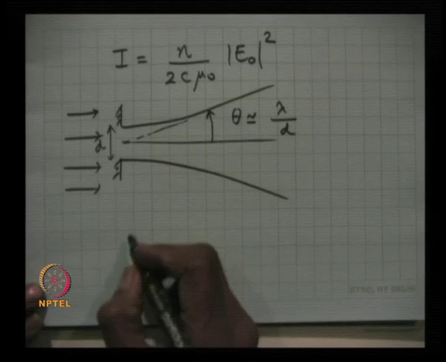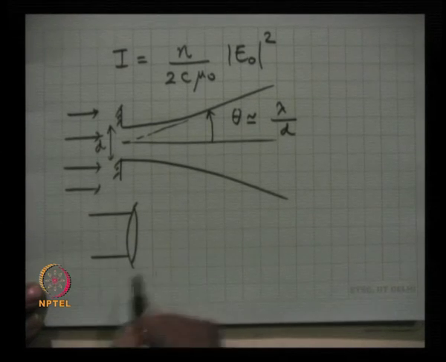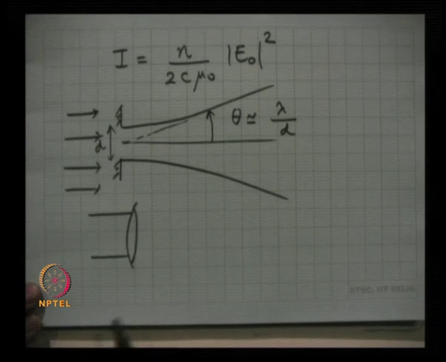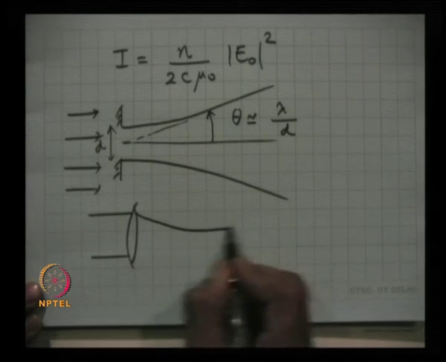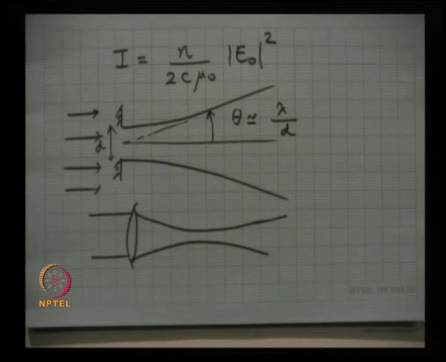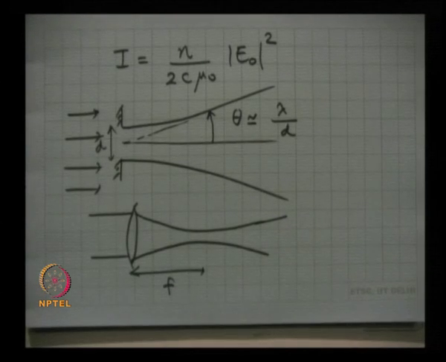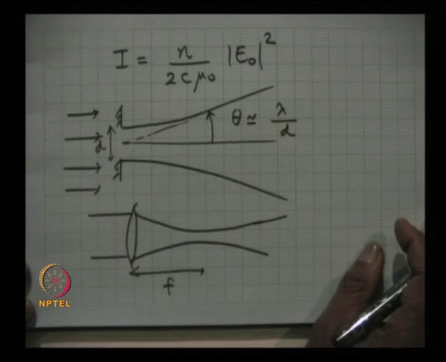So, how do you increase the intensity? You can focus it by a lens. So, I take a lens and I focus the beam by a certain focal length lens. I take a certain focal length lens, this must be approximately the focal length here, and it gets focused. If I want to reduce the cross section of the beam, I will take a lens of a smaller focal length.